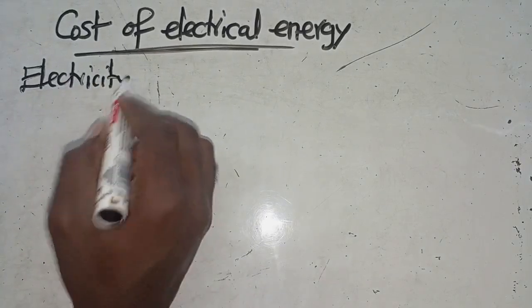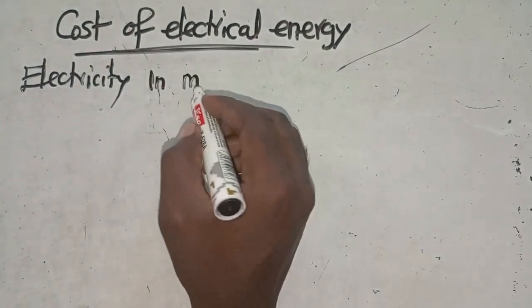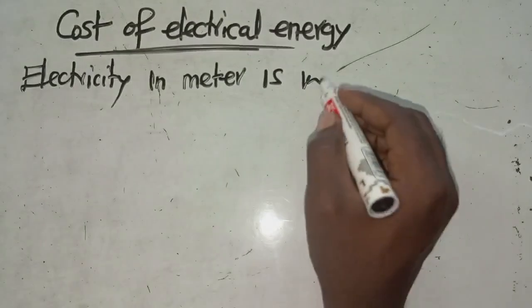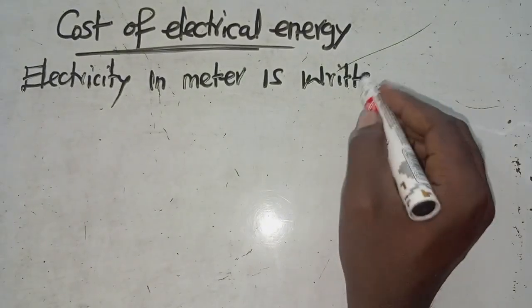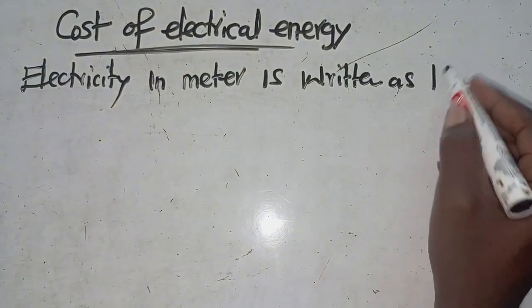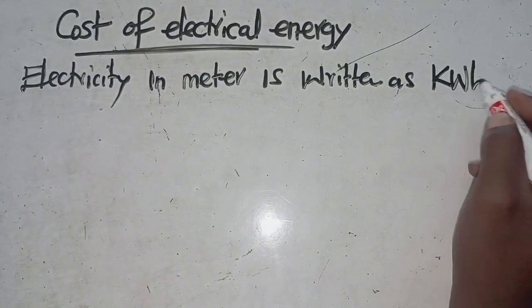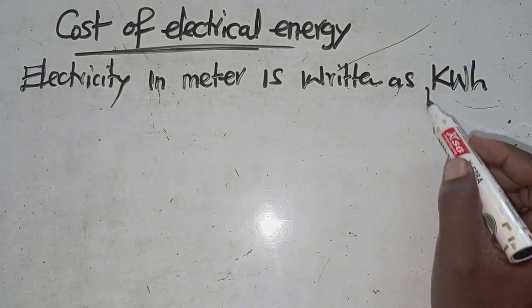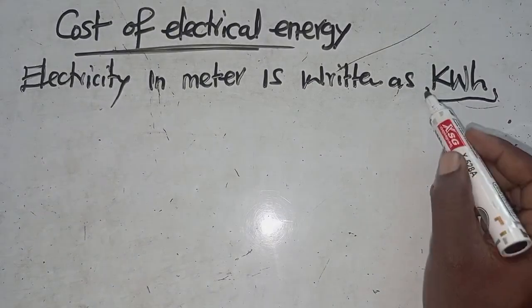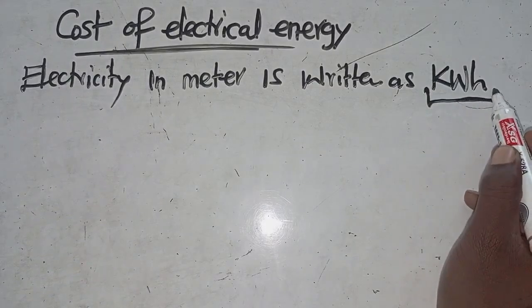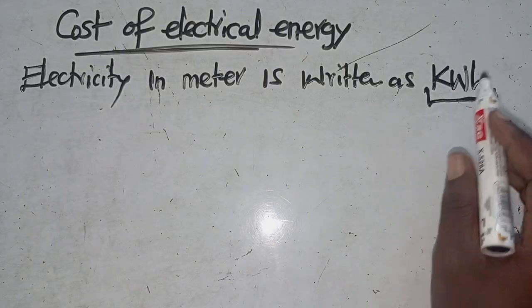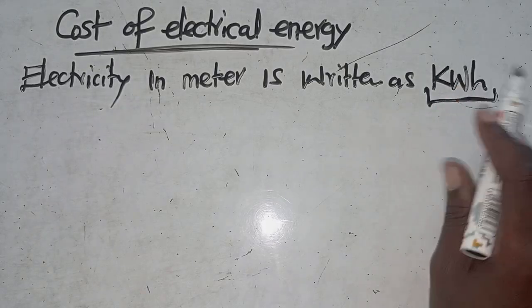Electricity in meters is written as kilowatt hour. This is how it is going to be written. Kilowatt hour, this thing that is here, is what we call a unit.